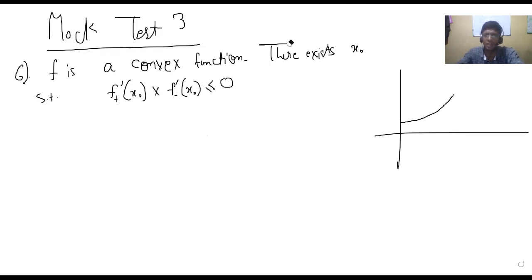The condition that I'm going to add is that at least one minimum is attained inside, in the interior.